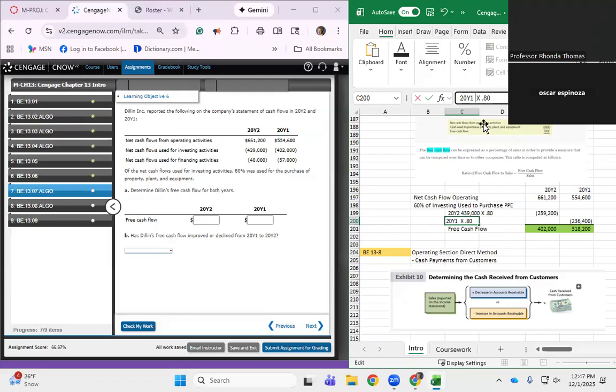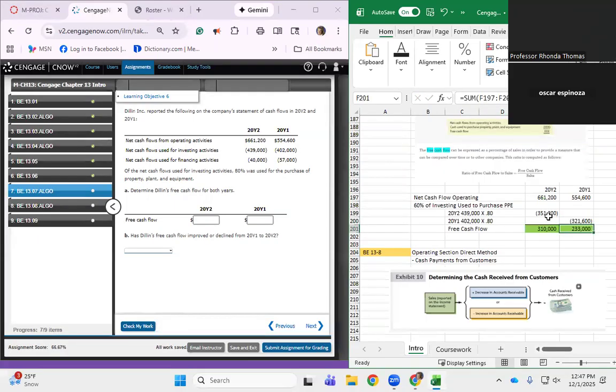So year one is 402,000 times 0.8, and year two is 439,000 times 0.8.